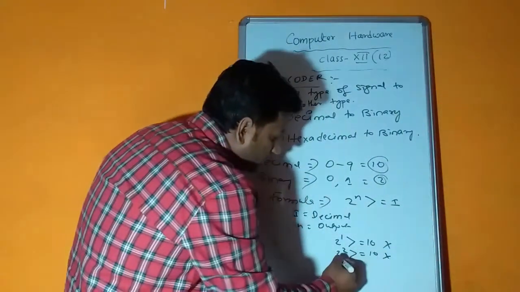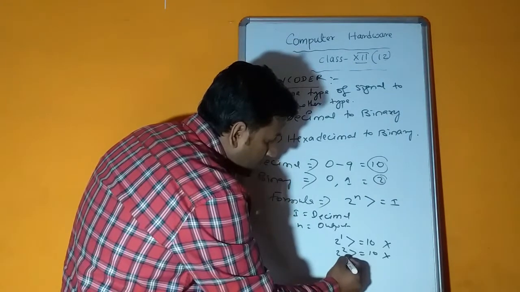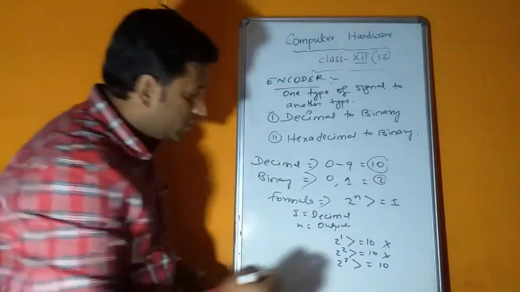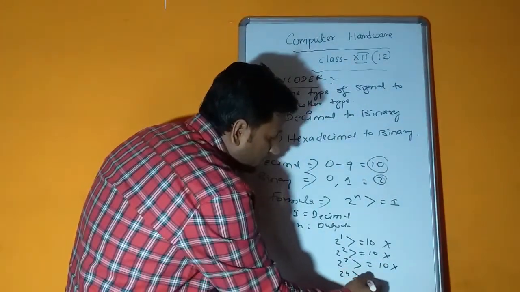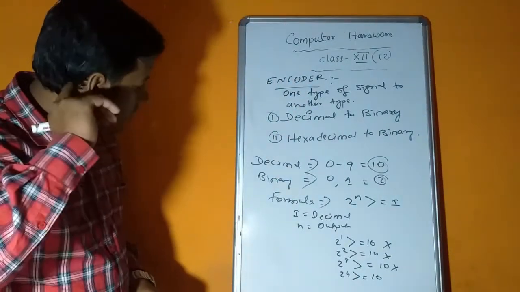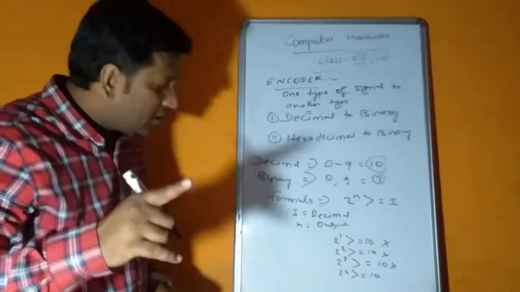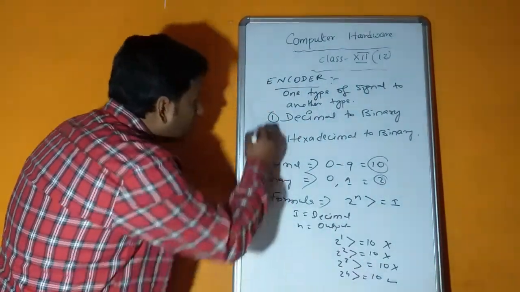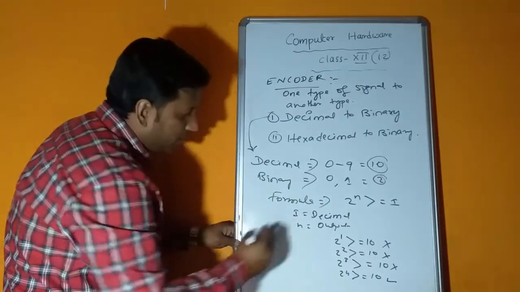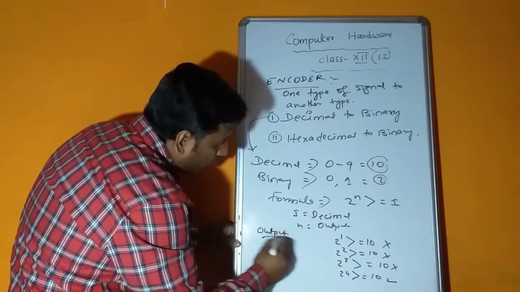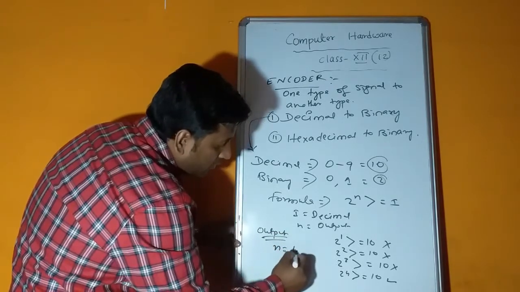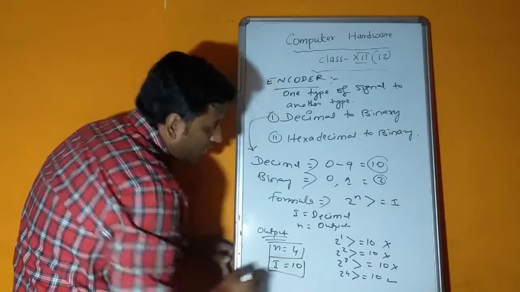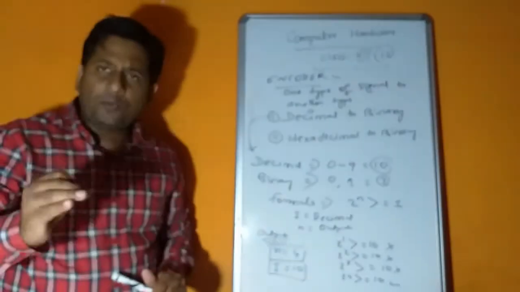It doesn't match. 2 to the power 3 is 8. Does not match. 2 to the power 4 is 16. 16 is greater than 10. Condition matches. That means for decimal to binary, our output is the n value, that is 4, and the input is 10. So is this clear, children? That is how to take out the input and output.